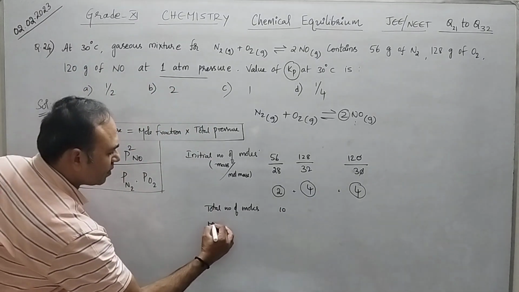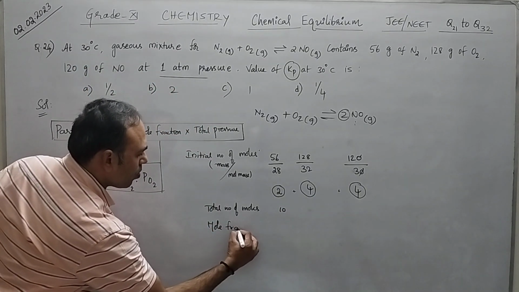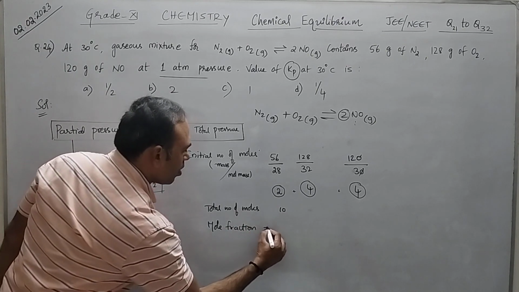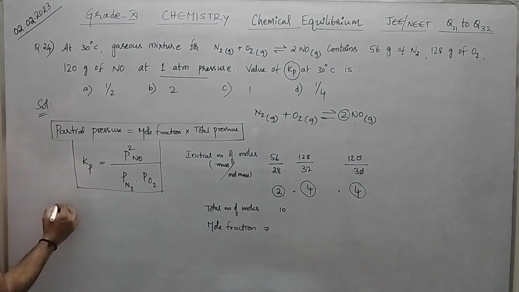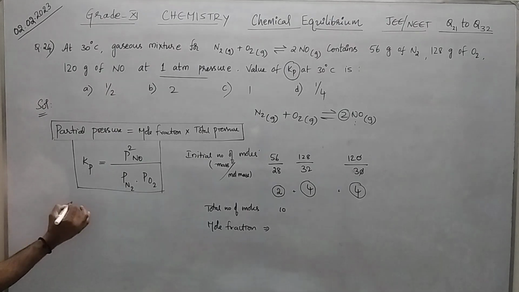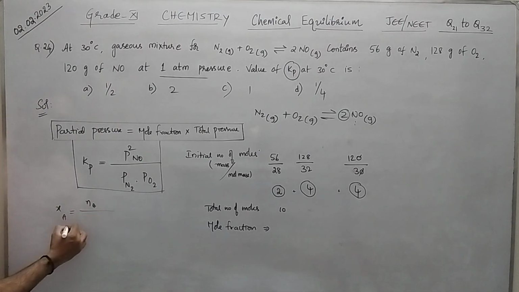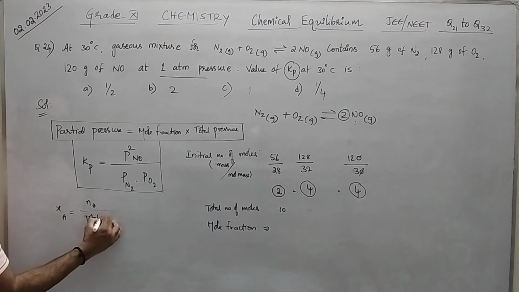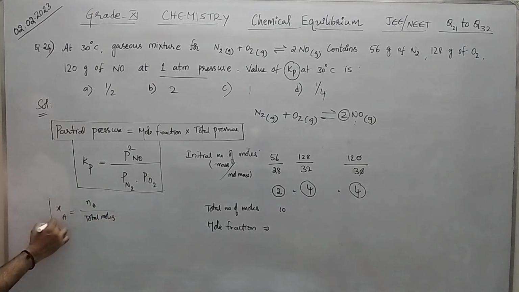Now mole fraction. What is mole fraction? If you are calculating the mole fraction of A, it is equal to the number of moles of A by the total number of moles. So this is your formula to calculate mole fraction.